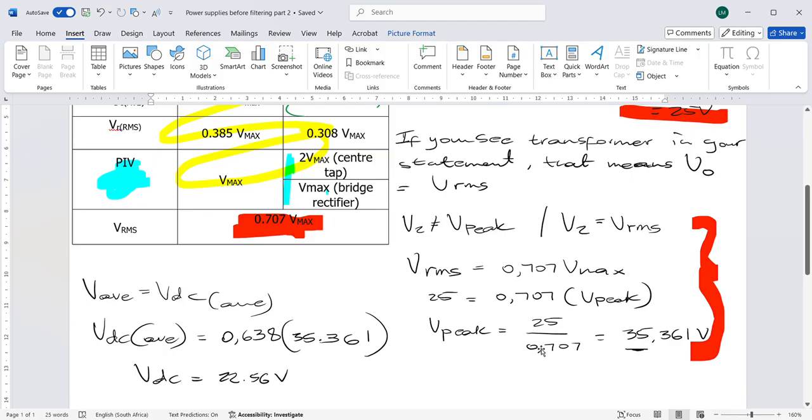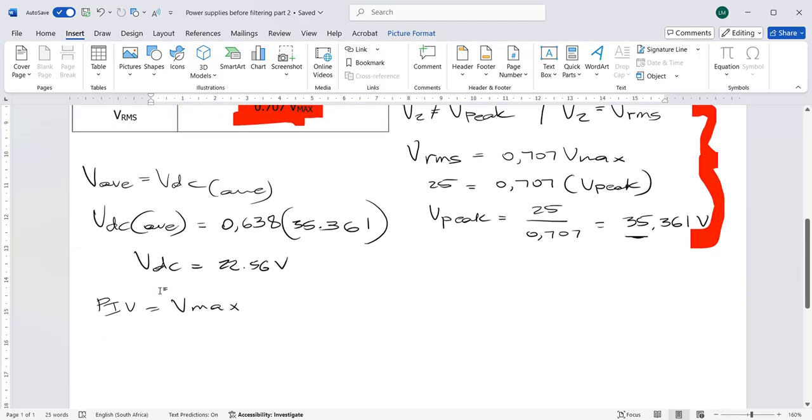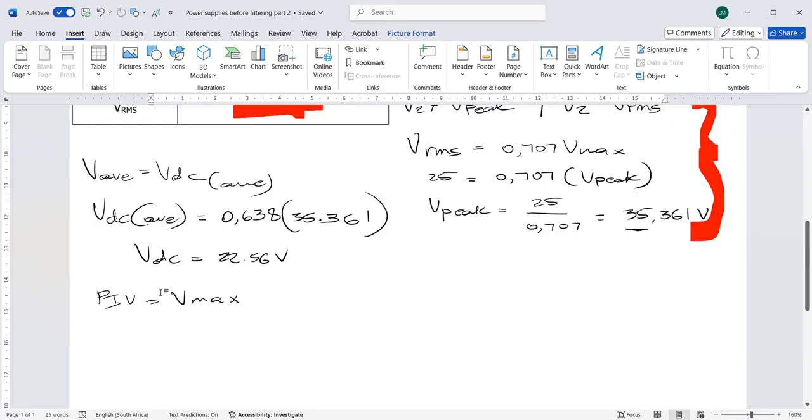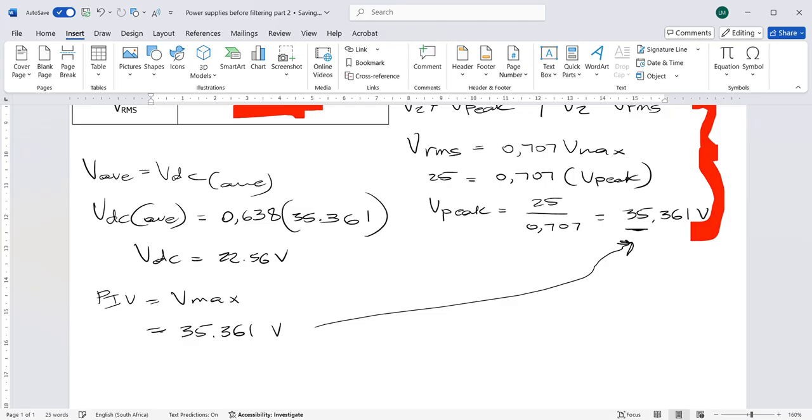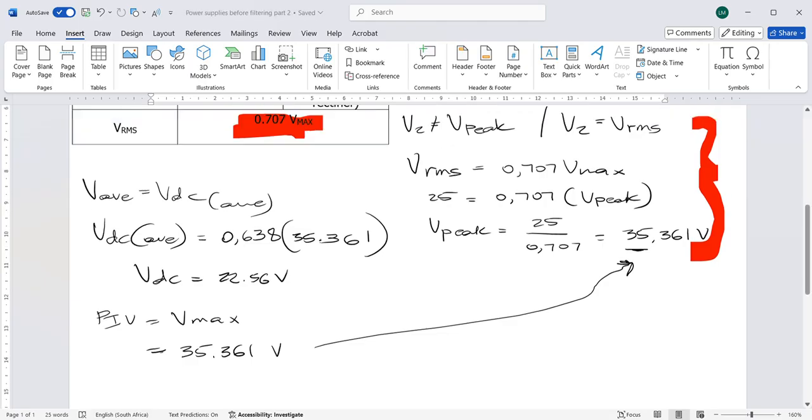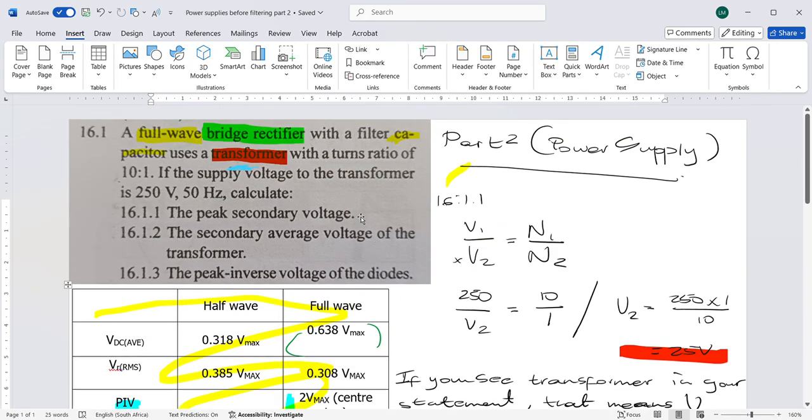Your V peak will be incorrect, your V average will be incorrect, your PIV will also be incorrect. So ultimately the answer becomes 35.361 volts, because of the answer that we got there. So that solves this question.